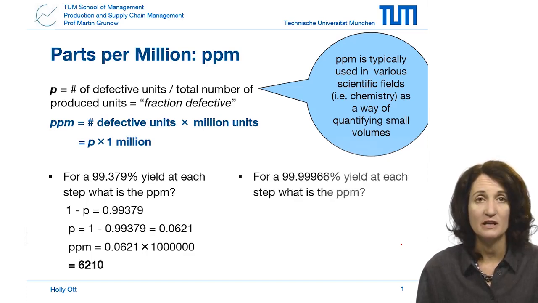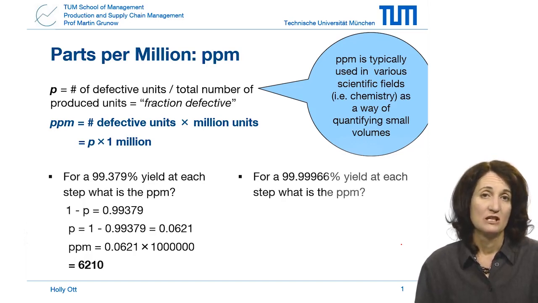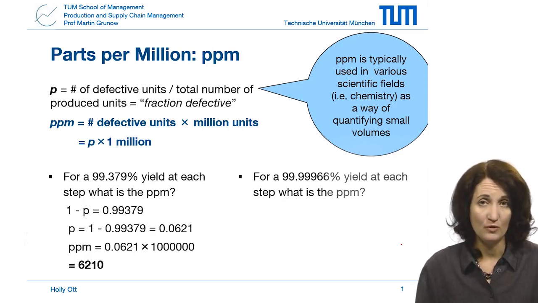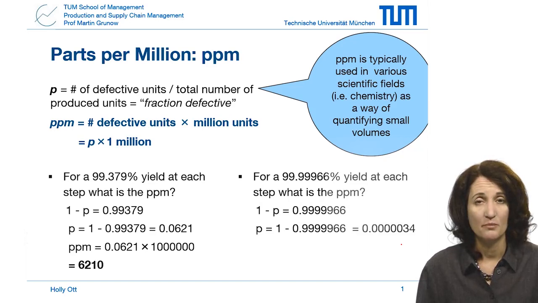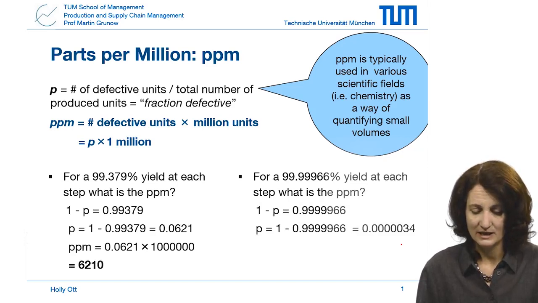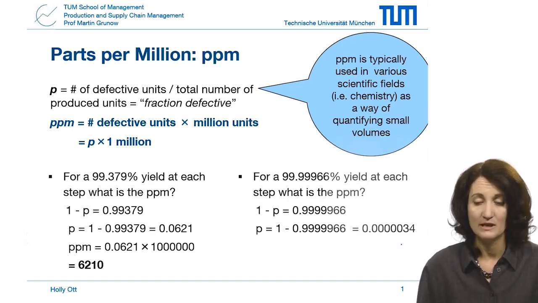Another example then, if we have 99.99966% yield at each step, what is then the parts per million? So again, the yield at each step is going to be 1 minus P, which is equal to 0.999966, or sorry, 0.9999966.